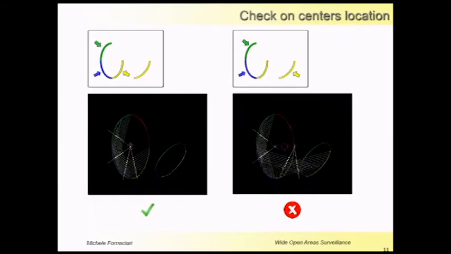The main idea is that on the left the lines intersect in the center, so they satisfy this property of the ellipse. So these 3 arcs are very likely to belong to the same ellipse. But here, for example, the lines do not intersect in the same point, so they do not belong to the same ellipse. That's why I discard the rightmost yellow arc.